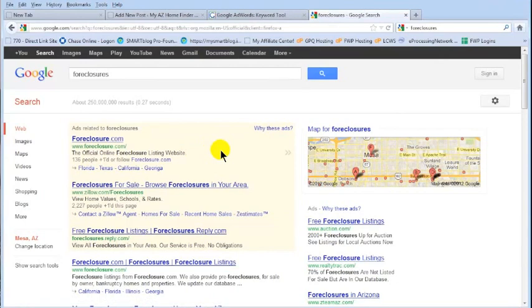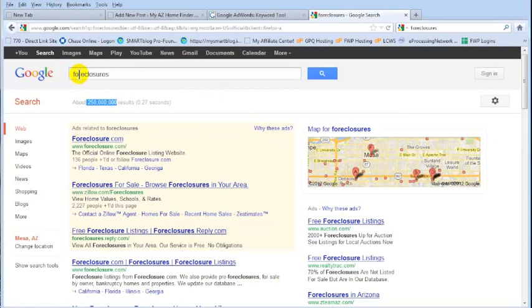So it's not only in the search results here, but it's AdSense and different places where that advertising will show up across the Google AdSense network and in search results. So people are paying a lot of money for coming up for foreclosures or foreclosure. There's also 250 million websites optimized to come up for foreclosures.